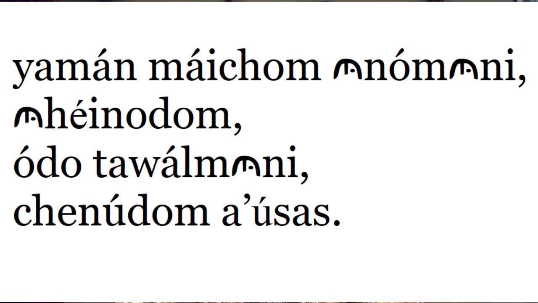When those two traveled the mountains, I used to go along with them, and when they worked gold, I used to watch. The main verb is chenudom ausas. I used to be watching.